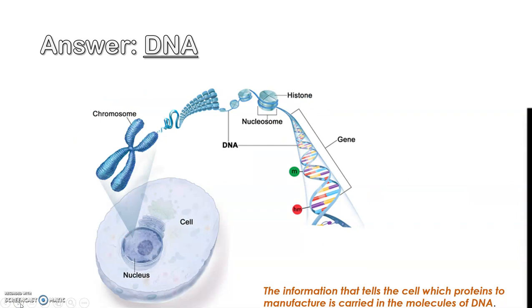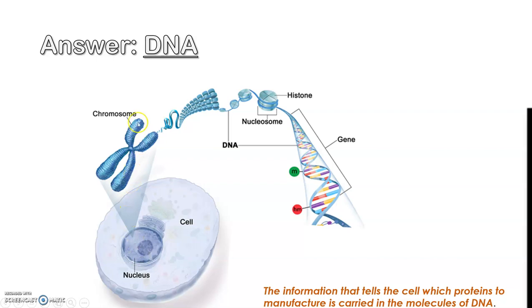Your DNA can be found on the chromosomes of your cell, and chromosomes can be found in the nucleus, the central part of a eukaryotic cell. We all know that we are eukaryotes, and our chromosomes, our DNA, can be found and protected inside the nucleus.